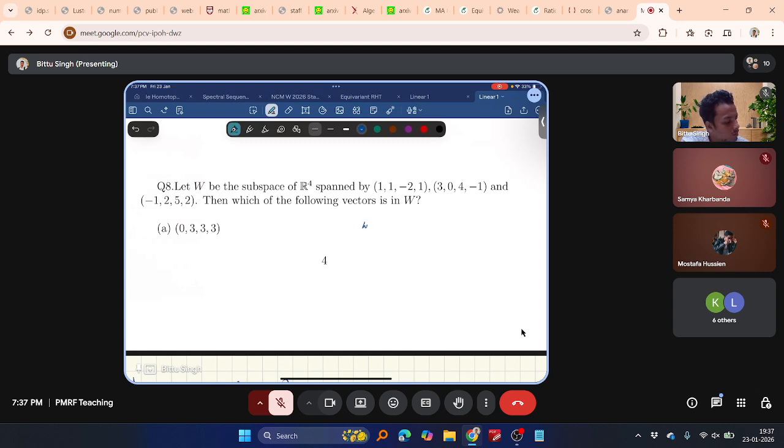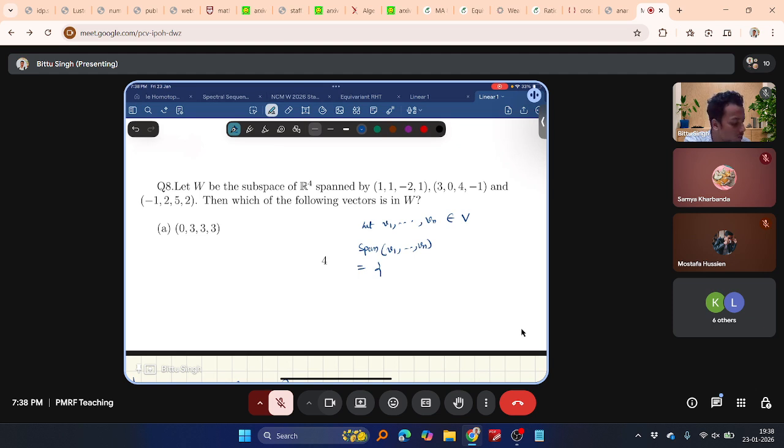Let V1 up to Vn be n vectors from vector space V. Then the spanning set, let me denote it by span V1 up to Vn, is the set of linear combinations of those elements.